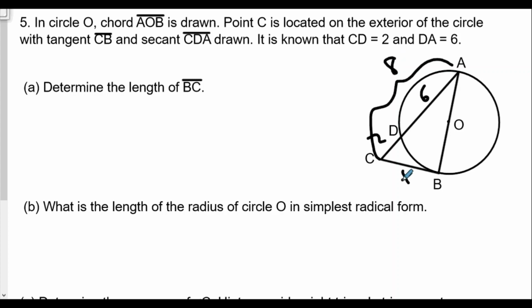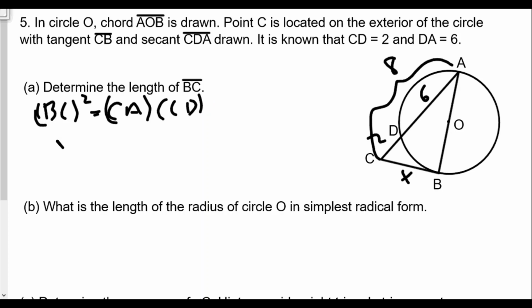Well, again, this is a tangent secant situation, so we have our tangent BC squared is equal to the whole segment of the secant, which is in this case CA, times the outside part, which is CD.